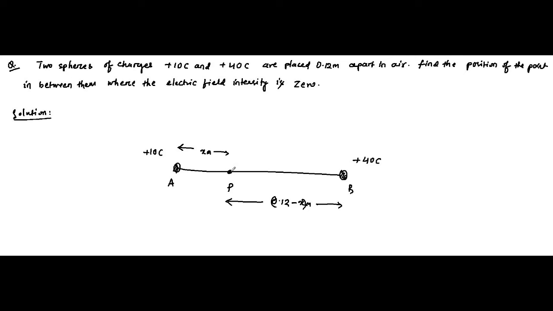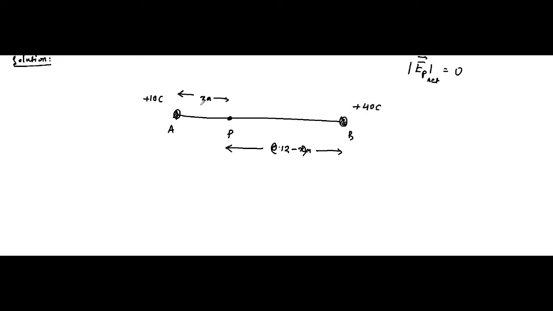So let us say this position here is P, where the net electric field intensity is equal to 0, magnitude wise we are taking. Okay, so let us say this is the spot. So we have to determine the value of x.